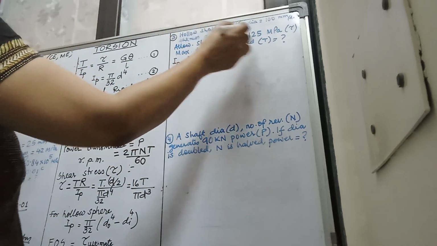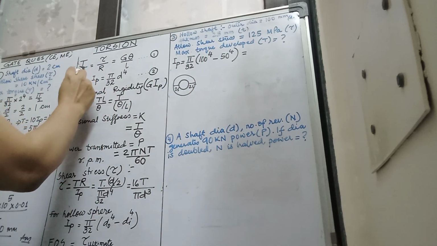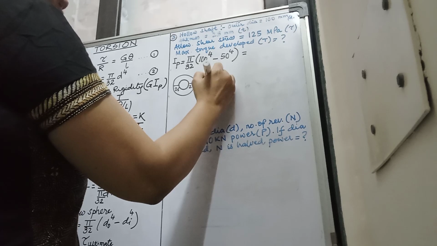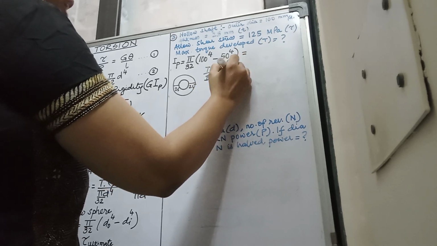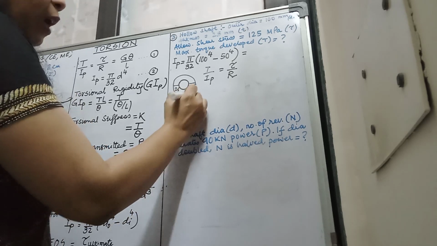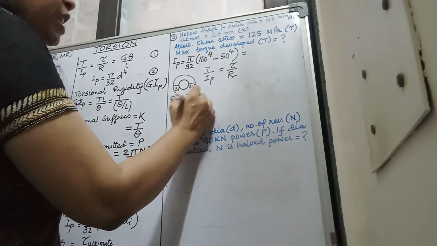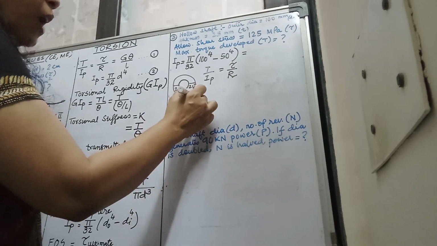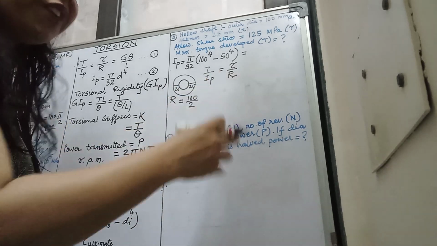Now shear stress is given. We will go for 1 versus 2. This one. So T by IP is equal to tau by R. Now R, you remember, always it is the outer diameter by 2. This is another point of mistake, that you do 100 minus 50 by 2 or 50 by 2.